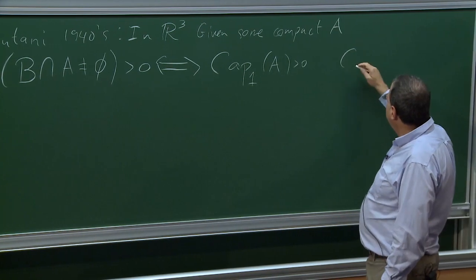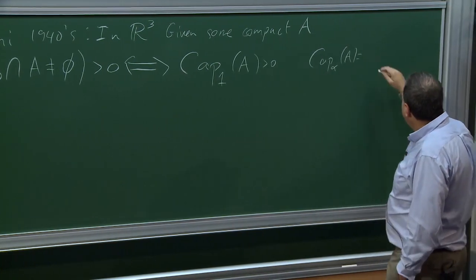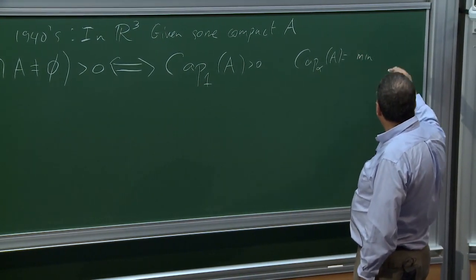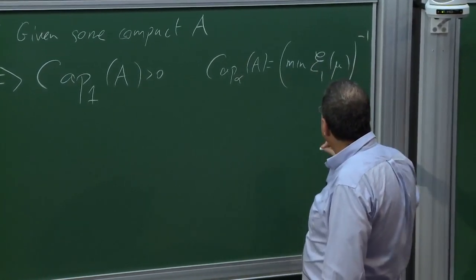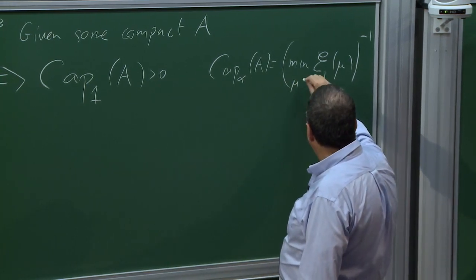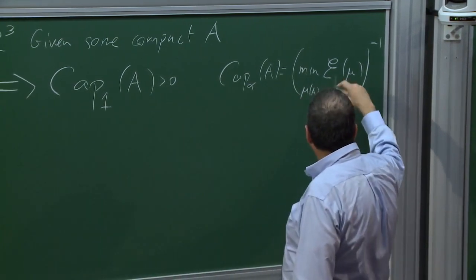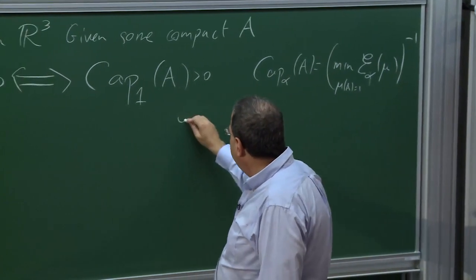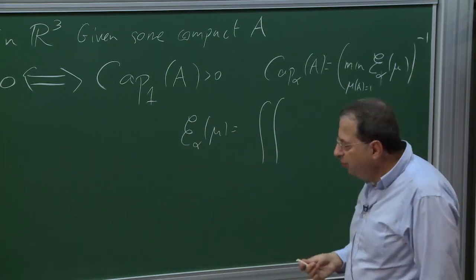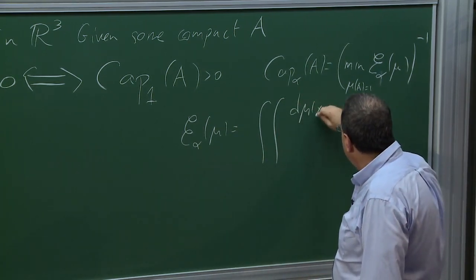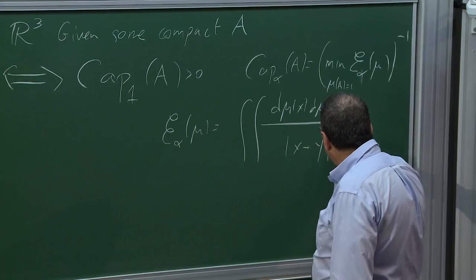And here, what is the capacity of a set? It's the inverse of the minimal energy. So we take the minimal energy of a measure and invert it, and this is a probability measure on A. If I'm talking about capacity alpha, this will be the alpha energy. The alpha energy of a measure, this is called the Riesz energy, is the integral of d mu x, d mu y over |x minus y| to the alpha.